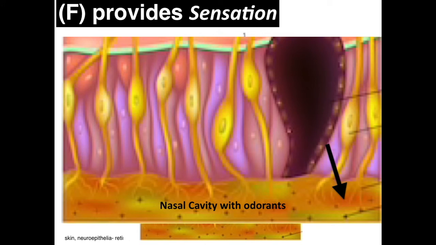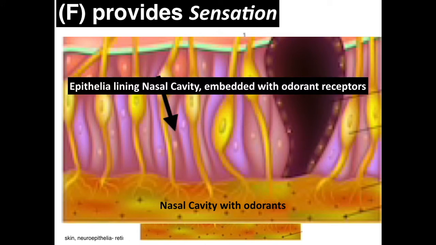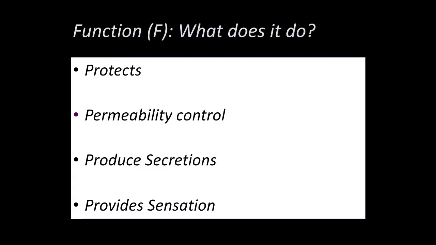And the epithelial lining of the nasal cavity is embedded with odorant receptors to give you the sense of smell. The back of your eyeball is also lined with a neuroepithelium containing specialized cells which are going to detect light waves. So those are your 4 functions of the epithelia, reflecting the fact that it forms a boundary between the body and its external and the internal environments.